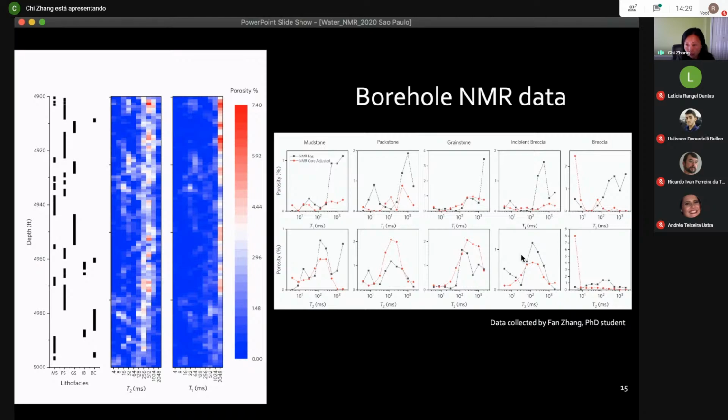They still have a significant difference between the two. Some of them capture the trend of each other pretty well in terms of the change in porosity, but the magnitude of the porosity always has some difference.